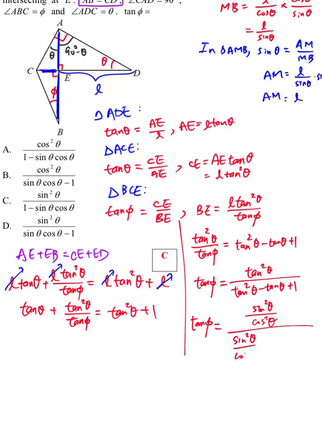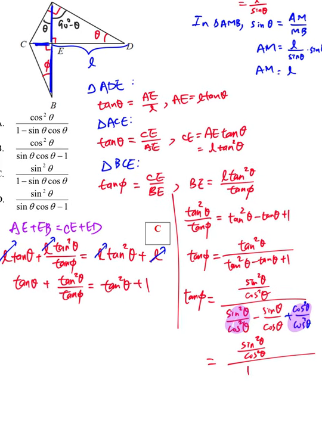Okay, so let's do this very quickly. We change all the tangent squared theta and tangent theta into sine over cosine. Also, write the 1 right here in terms of cosine squared theta over cosine squared theta, since these two will give you the numerator equal to 1. So this is the numerator. Denominator will be 1 over cosine squared theta minus sine theta over cosine theta.